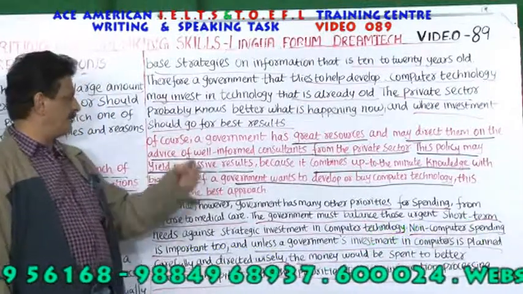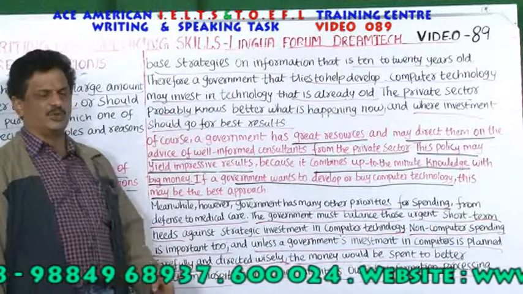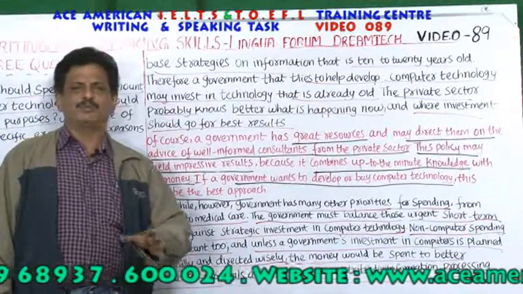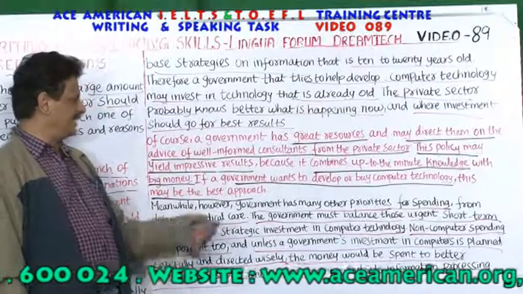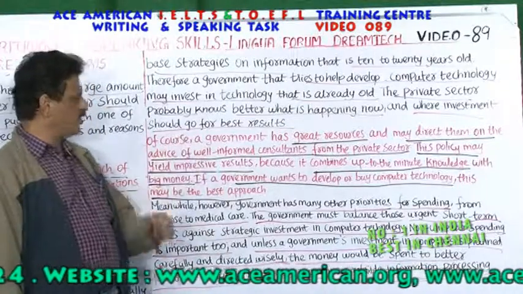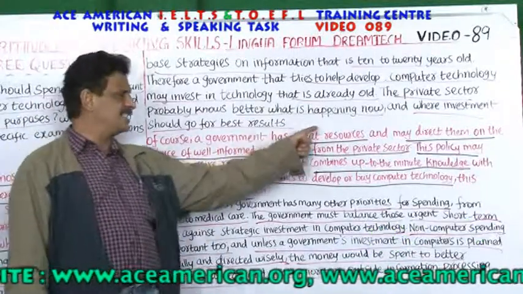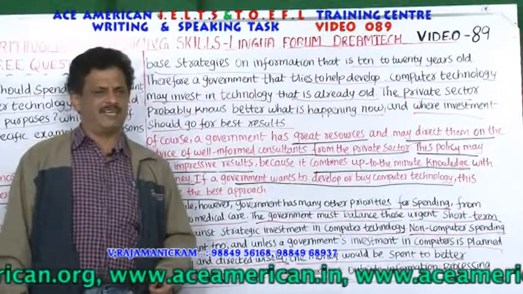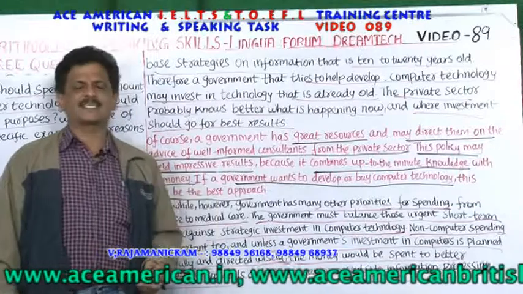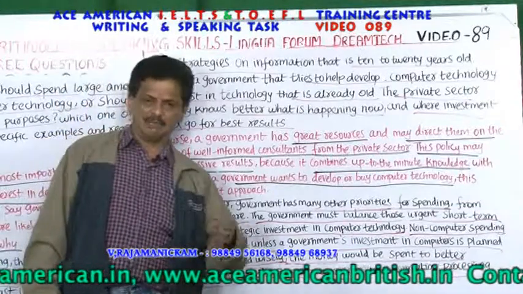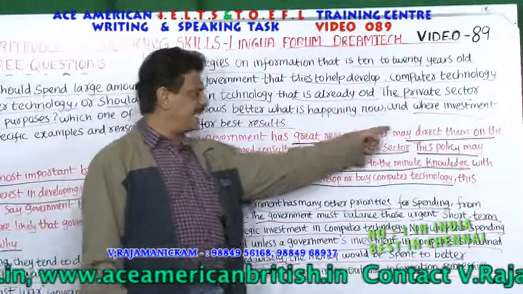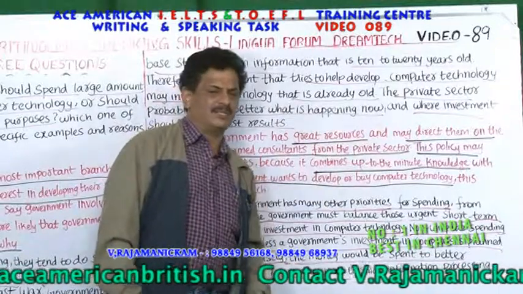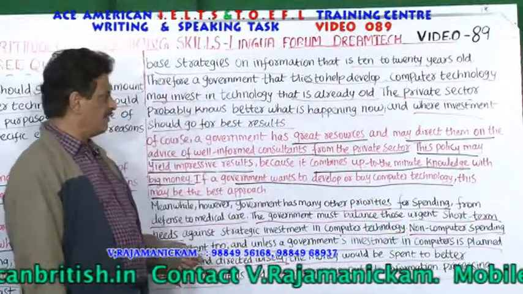ஸோ அடுத்ததாக பத்தியிலே மேலும் காரணத்தை சொல்கிறார். அரசாங்கம் கம்ப்யூட்டர் தொழில்நுட்பத்திற்கு செலவு செய்யக்கூடாது. எதற்காக? Of course, உண்மையிலே a government has great resources, அரசாங்கத்திற்கு மிக அதிக அளவிலே வருமானம் வருகிறது. Direct taxes என்று சொல்லக்கூடிய நேரான வரி, மறைமுக வரி. இந்திய அரசாங்கத்திற்கு 25 லட்சம் கோடி வருகிறது வருடந்தோறும்.